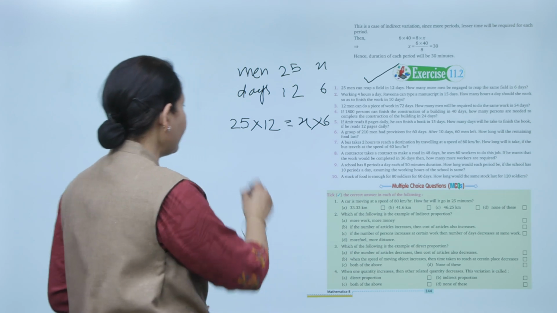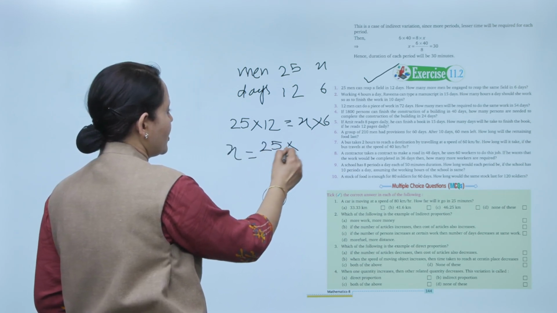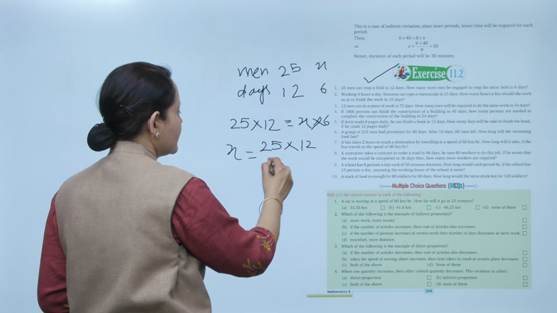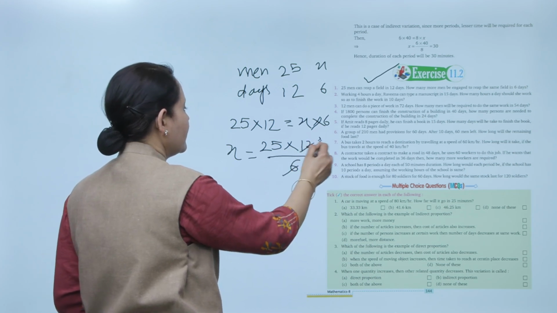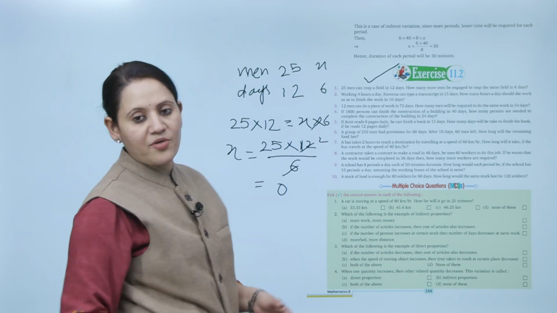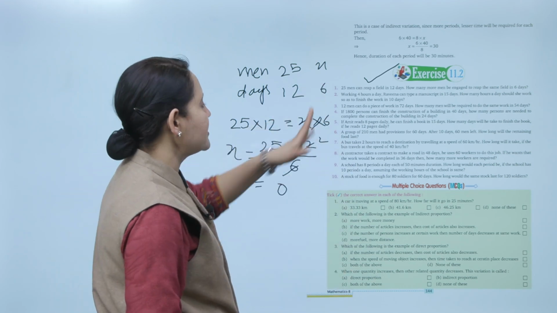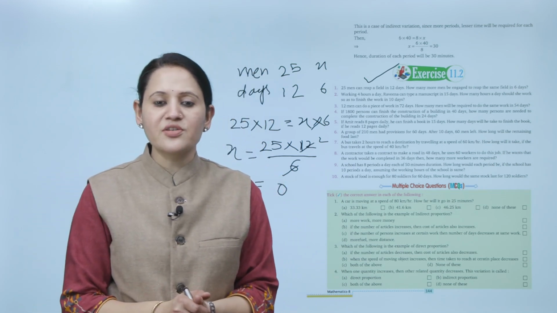Clear? So value of x equals to 25 into 12 upon 6. Now 6 2s are 12, means 50 men will be required to complete that work in 6 days. Clear? So you have to practice all the questions of this exercise.